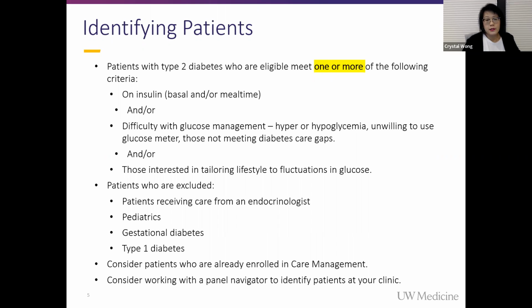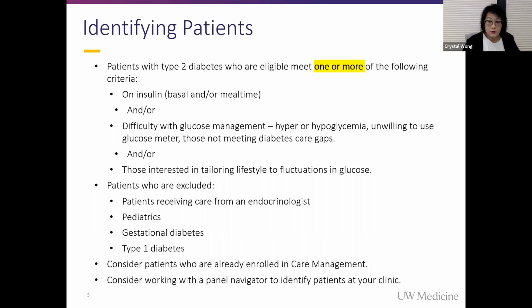So patients for this CGM program within primary care are patients with type 2 diabetes. We're excluding patients with type 1 diabetes. If they have type 2 diabetes, they only need one or more of the following criteria.